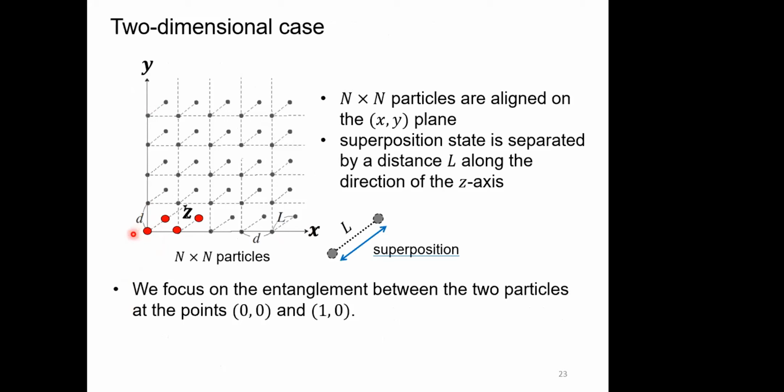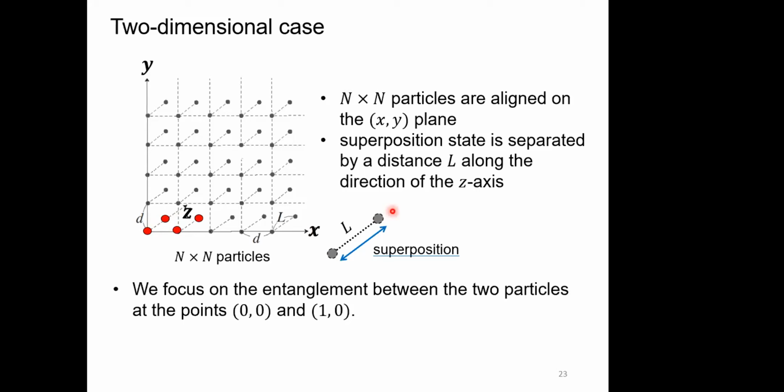Particles are placed at the lattice points, and the separation between neighboring lattice points is d. Then we assume each particle is in a superposition of localized states separated by a distance L along the direction of the z-axis. The z-axis is here. So the superposition is like this.